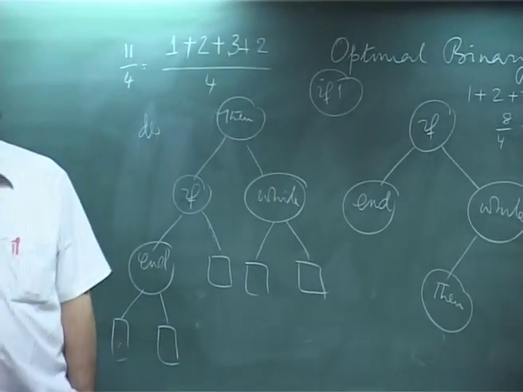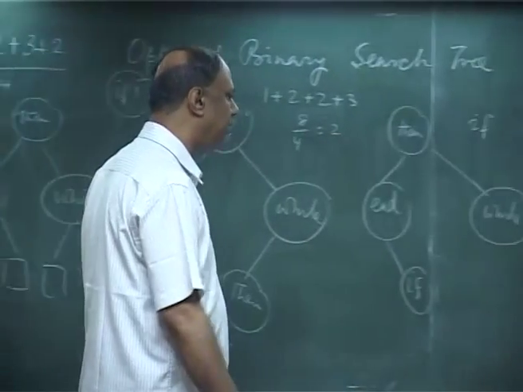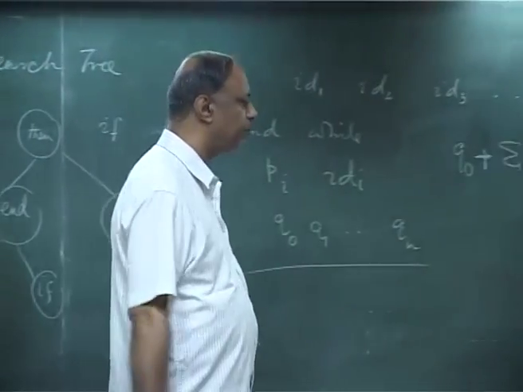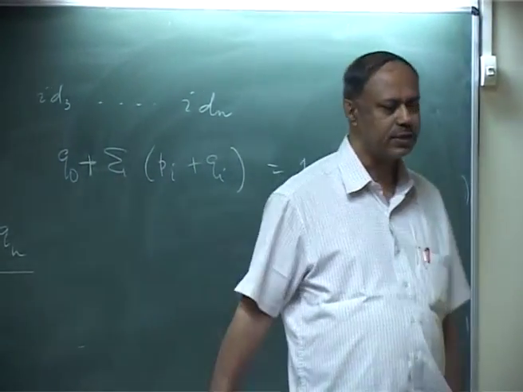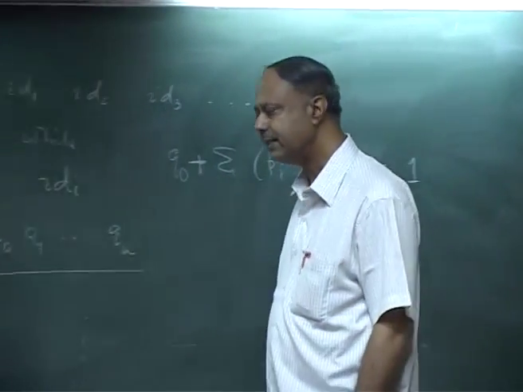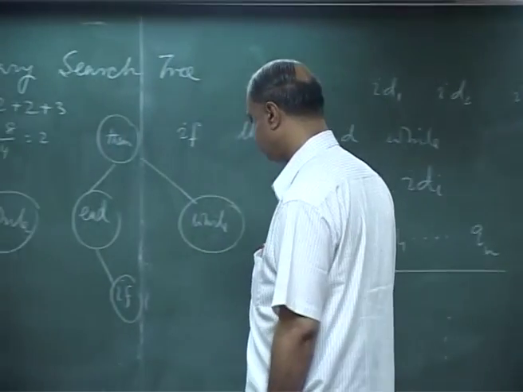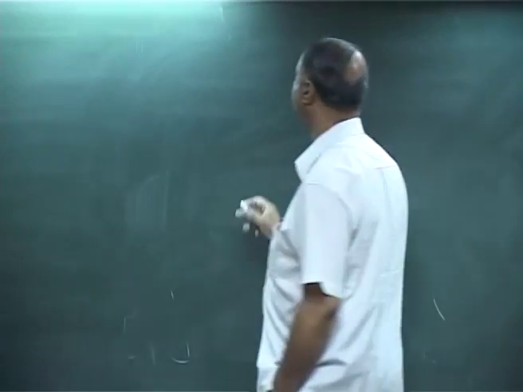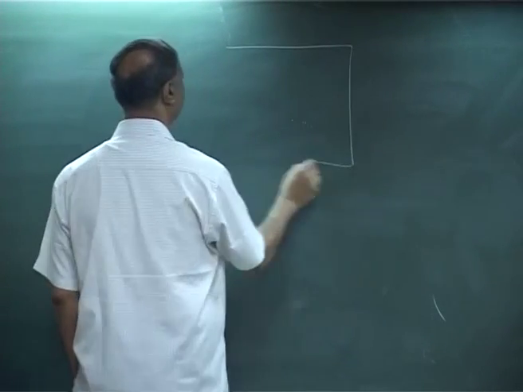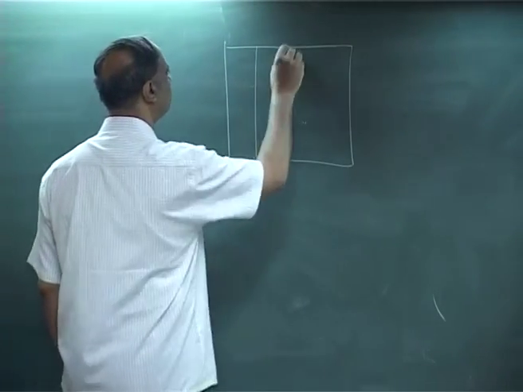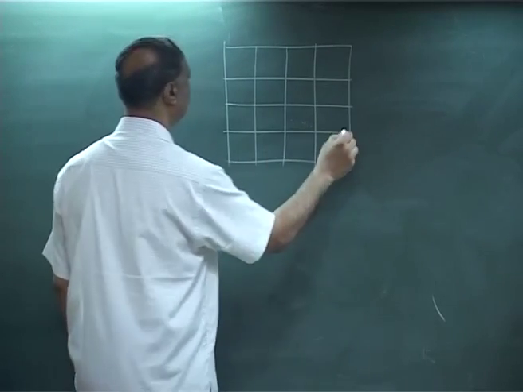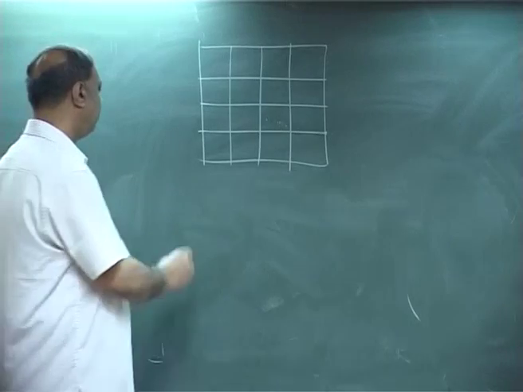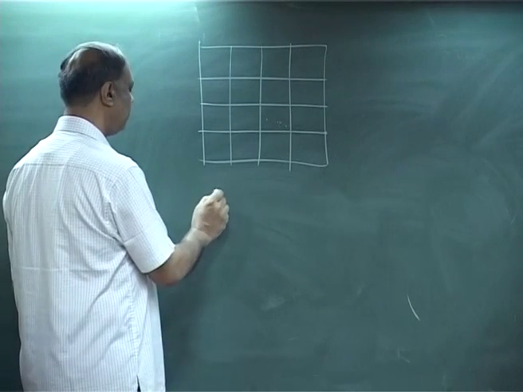Similarly, the case of the n-queen problem, where the problem is to put queens on an n cross n chessboard in such a way that no queen attacks another queen. For example, I have a chessboard of 4 cross 4, and I have 4 queens, Q1, Q2, Q3, Q4.